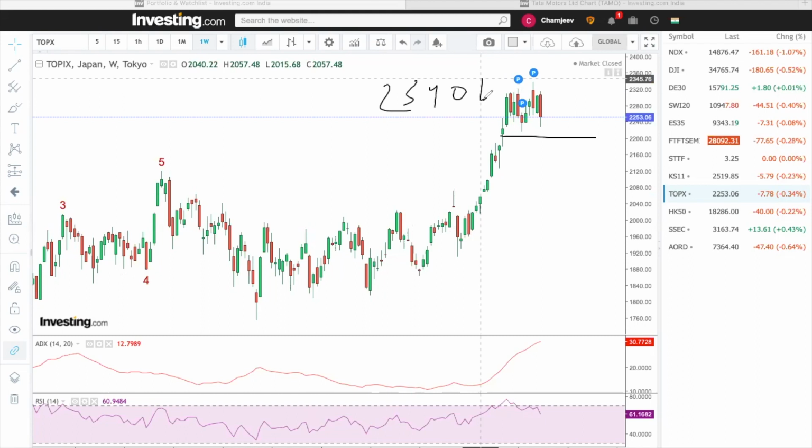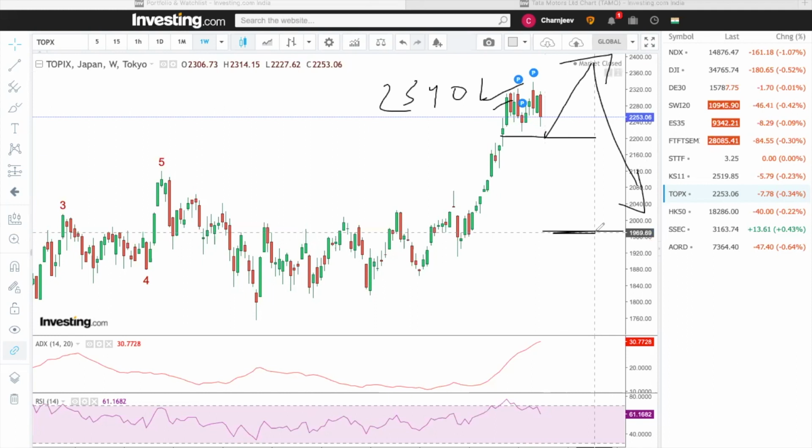Afterwards, there are no signs of a new bull market in Japan also. So maybe there is a last rally, with very high probability, that we can see a last jerk-up push in the Japanese index. Then we can see the index correct around the levels of 1900 or 2000.